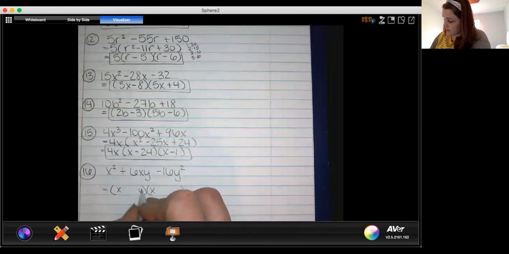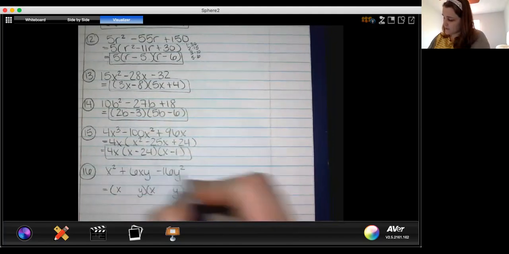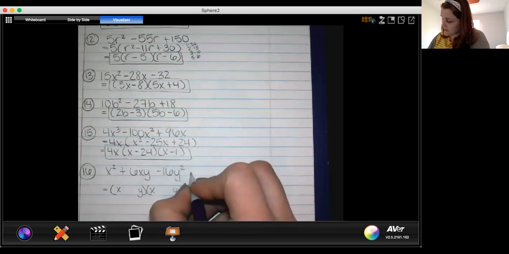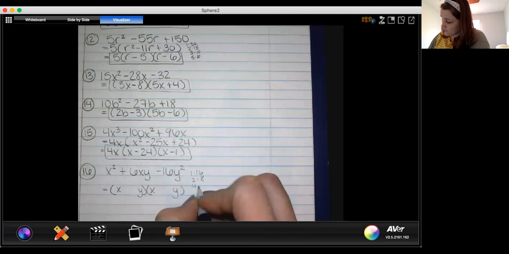There's going to have to be some kind of y value because I'm multiplying to get xy, so x times y, and then multiplying y times y to get y squared. So that's all that is. I just have a second variable in there, but now I can just focus on my factors. So factors of negative 16: 1 and 16, 2 and 8, 4 and 4.